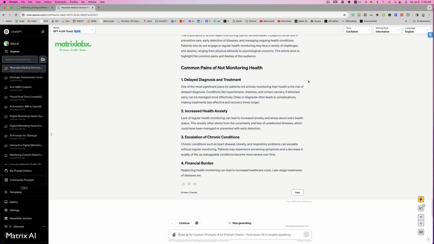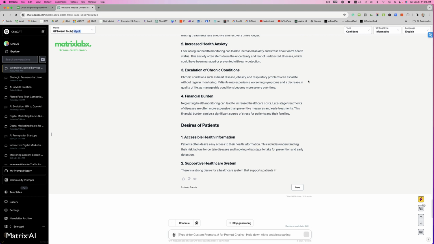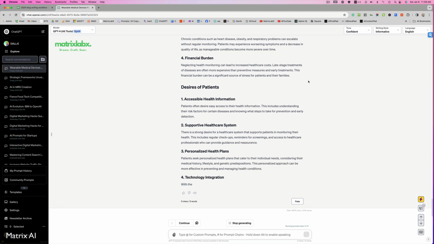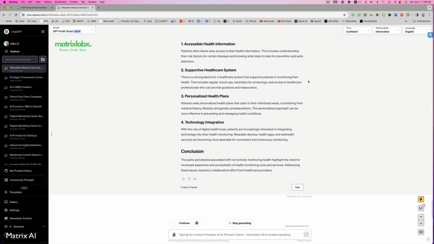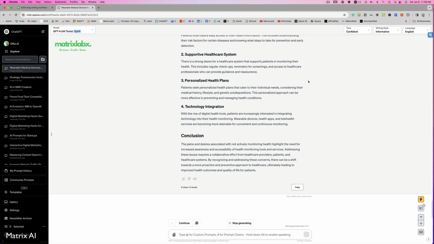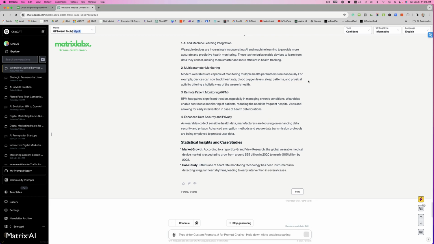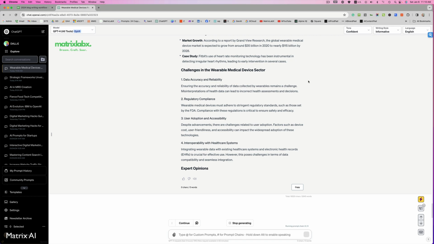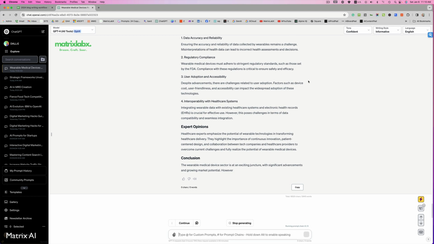So if I don't have a wearable, I may get a delayed diagnosis and treatment. I have health anxiety. It may escalate into other chronic issues. So you can see how the advantages and benefits of a medical wearable device are advantageous. So now I'm getting some statistical insights and case studies, data accuracy and reliability, regulatory compliance, interoperability with healthcare systems.